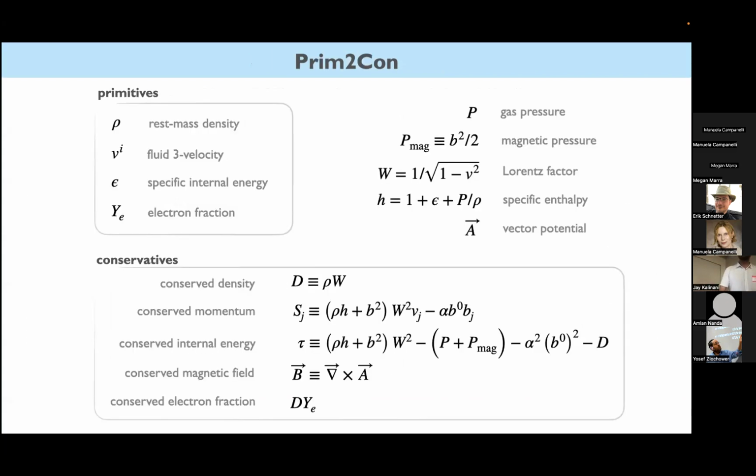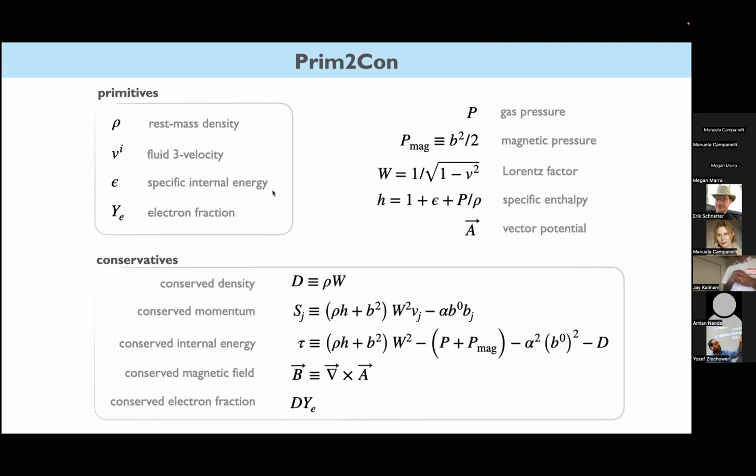Here you have the primitives, which are what we call the fundamental variables: the rest mass density, fluid three-velocity, specific internal energy, and you might also want to evolve the electron fraction, Y_e. Other terms can be computed from these primitives.